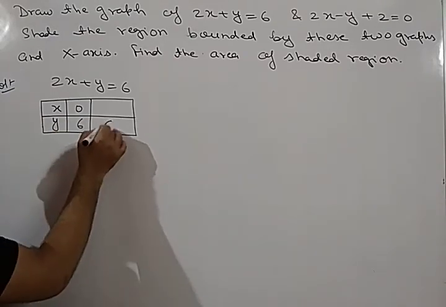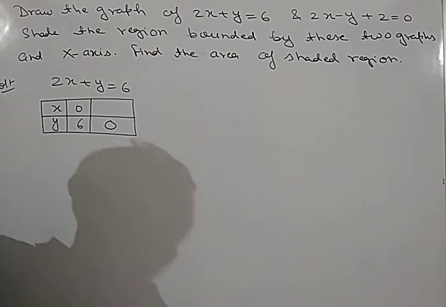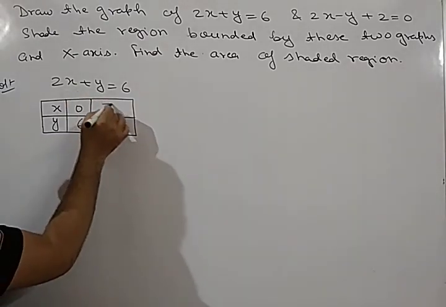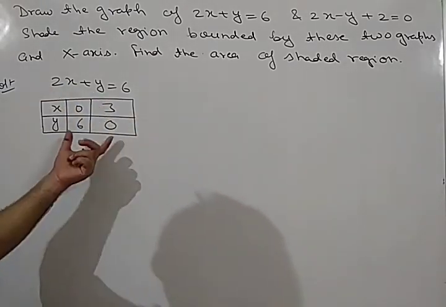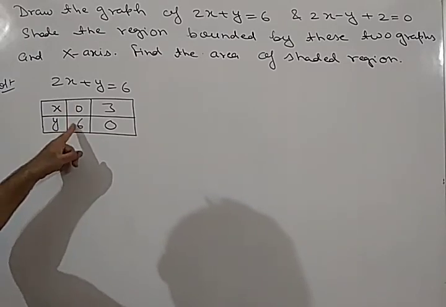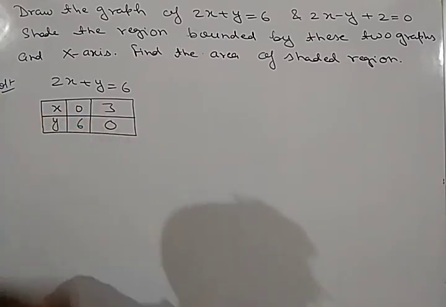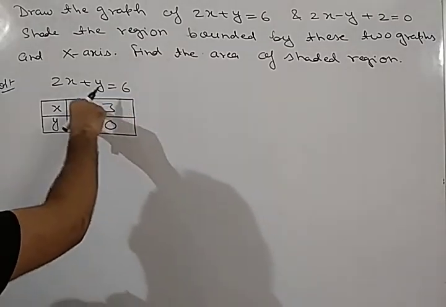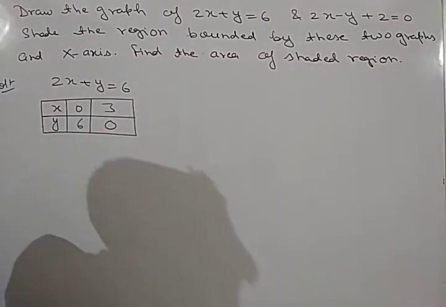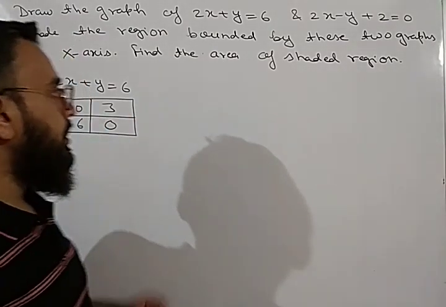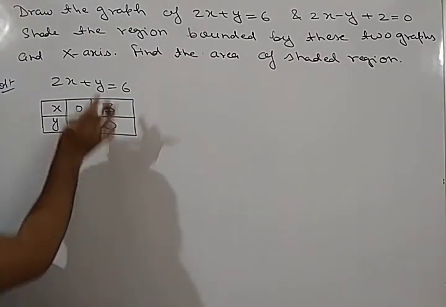And if you put y equal to 0, then x will be equal to 3. So these are two ordered pairs, (0, 6) and (3, 0), which we have to plot on the Cartesian coordinate system. These are the coordinates of the first graph.